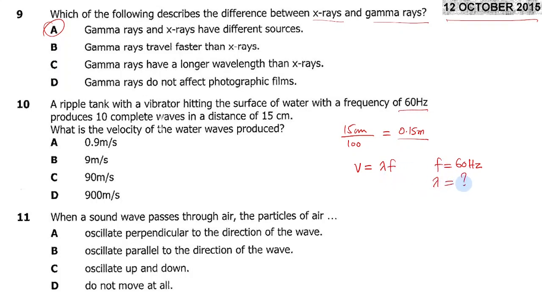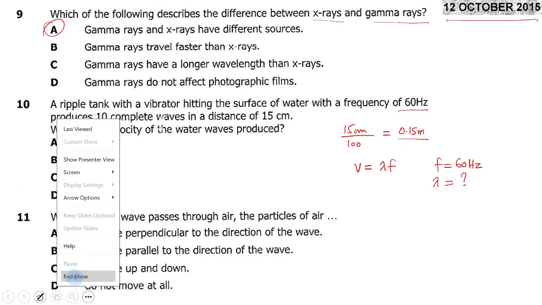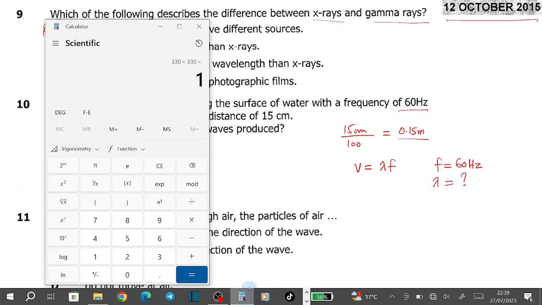So the wavelength has been hidden in this. We have 10 complete waves in 15 centimeters, which is 0.15 meters. So for us to know one wavelength, we divide 0.15 by 10, which will give us 0.015.